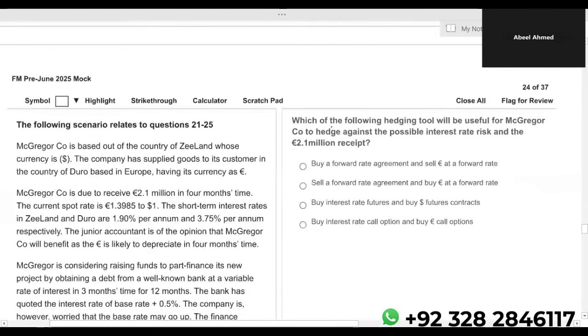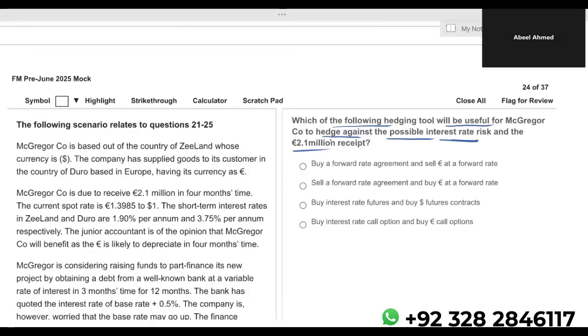Which of the following hedging tools will be useful for George company to hedge against the possible interest rate risk and the 2.1 million euro receipts? So actually there are two hedges. They want to hedge interest rate risk as well as the 2.1 million receipts.